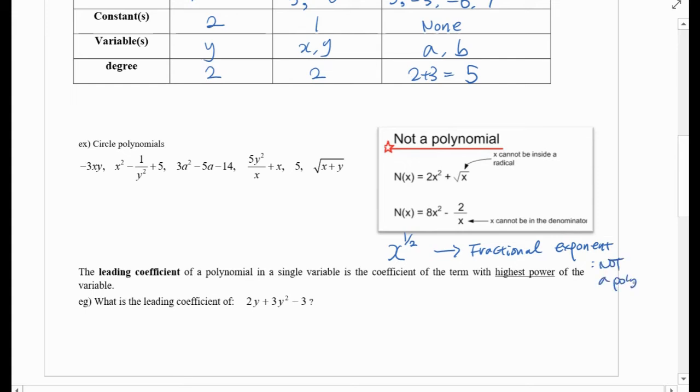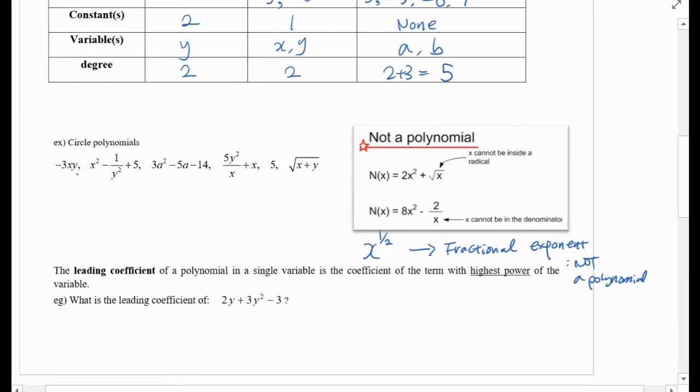Alright? Is this a polynomial? Yes. X is not in the bottom. X is not in the radical. X doesn't have a fractional exponent. And y as well. So it's a polynomial. Is this a polynomial? This is not a polynomial because y is in the bottom.